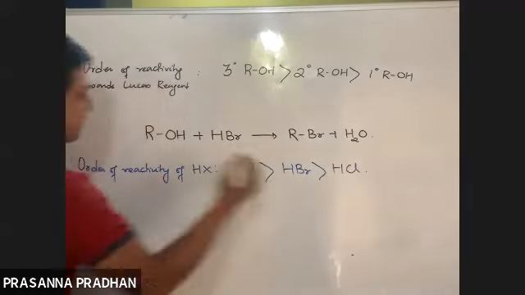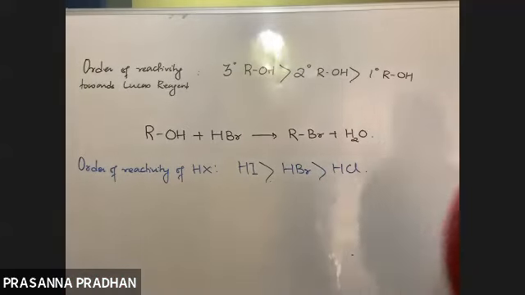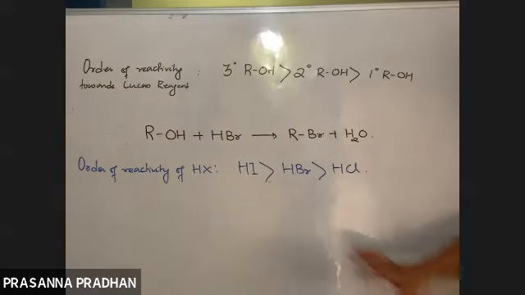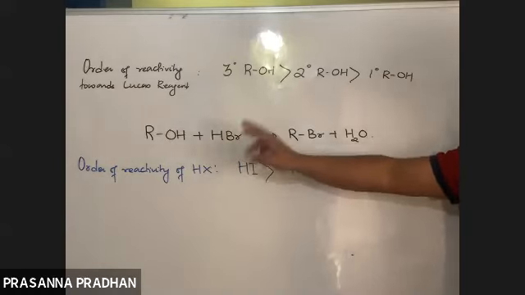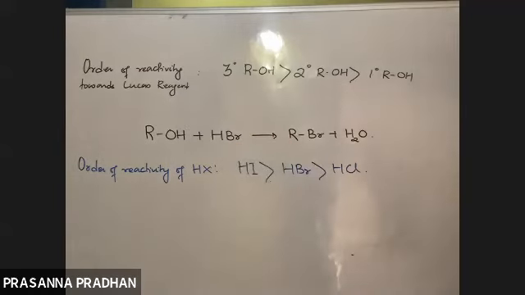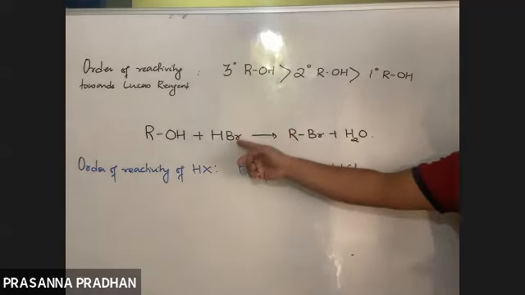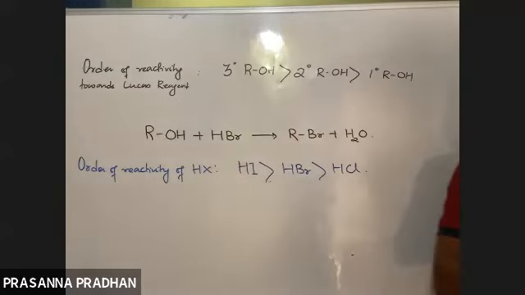This is the order of reactivity of halogen acids, not the other way around. HI is the most reactive. So why am I saying this? Since HBr is quite reactive, it's quite unstable. So since it is quite unstable, it must be prepared during the reaction. HBr cannot be prepared beforehand since it is unstable. We must prepare HBr during the course of the reaction.